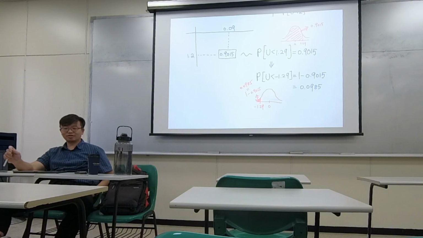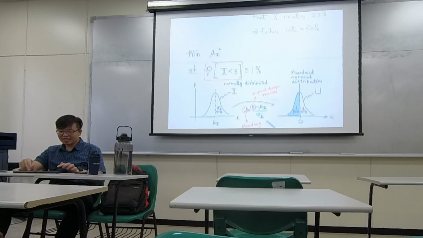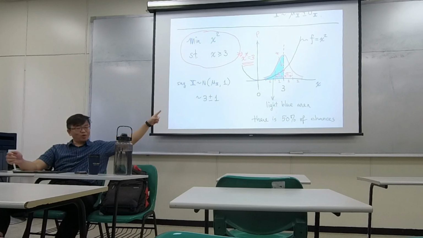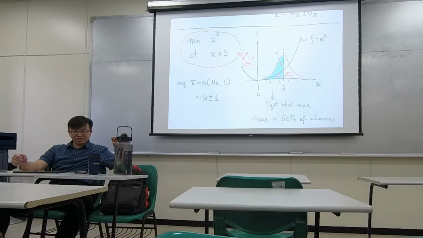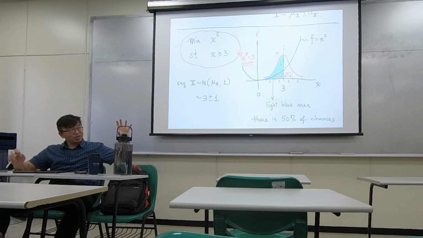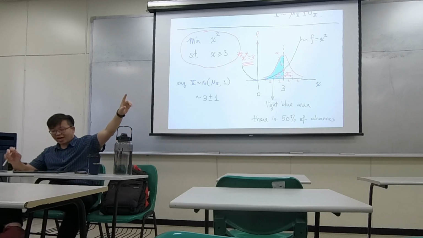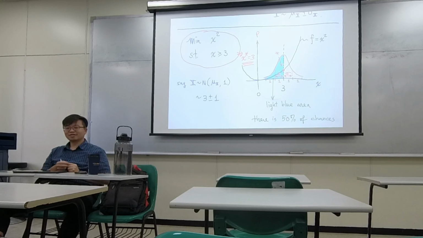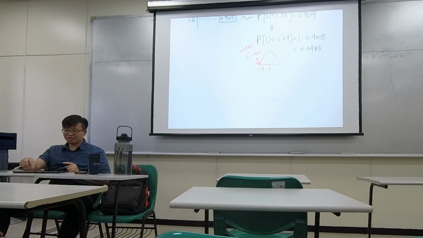This is what I'm looking for, because in my design I wish my design point to have a left tail with a failure rate of only 1%. So I should move my design point toward the right so that this light blue tail becomes smaller and smaller until that small left tail is only 1%. Just like this particular case.